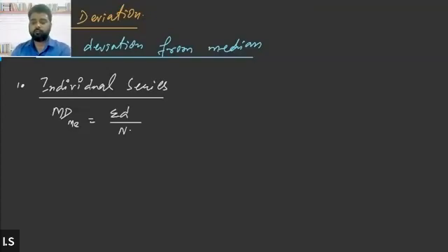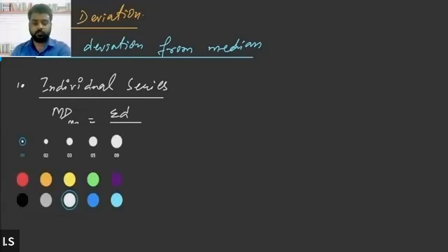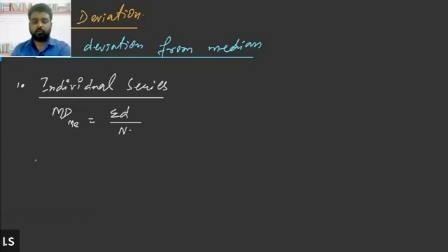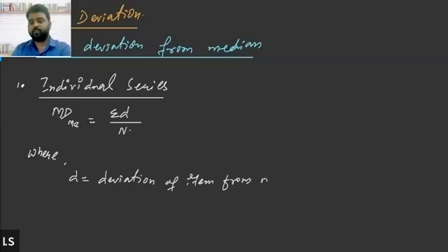And if you want to calculate it in the continuous series or in case of discrete series, then the formula will be different. But before writing the formula, in the individual series, the formula for mean deviation from median is sigma d upon n, wherein d means deviation of item from median value.